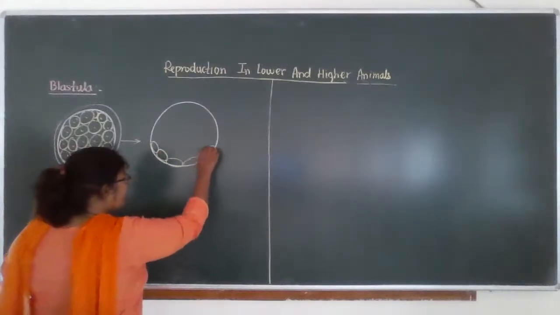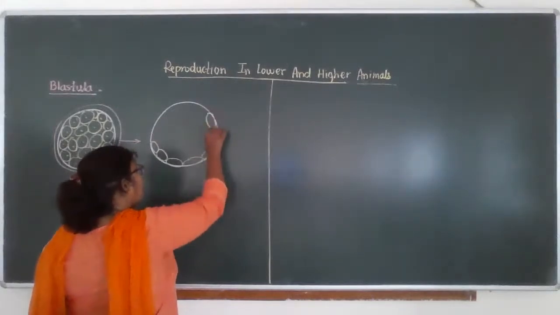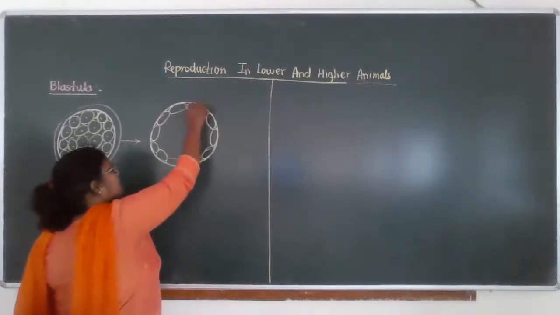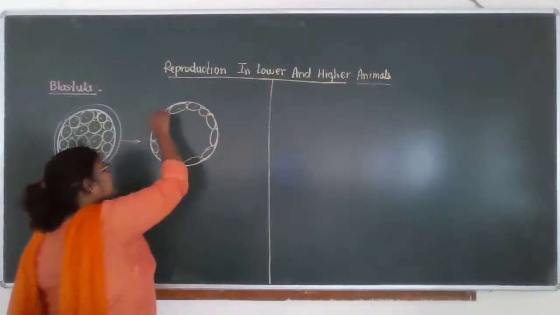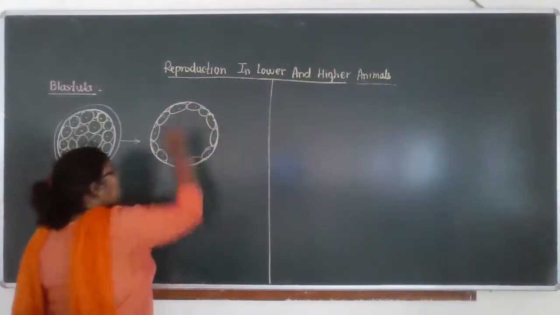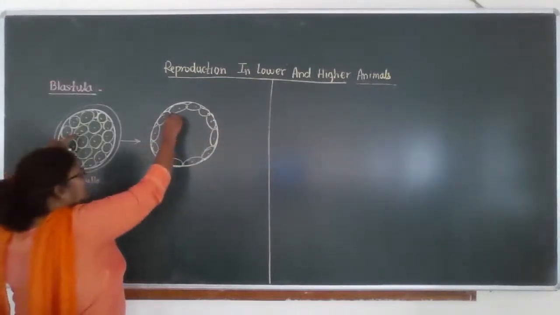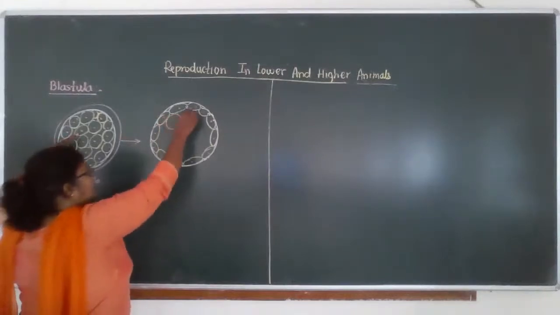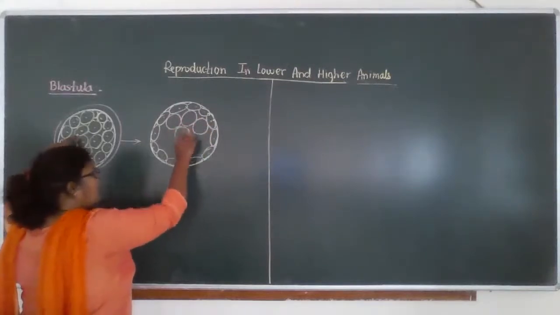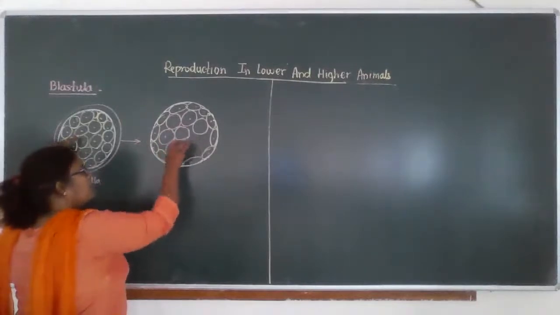The small size cells arrange themselves at the periphery, and the cells which are big in size remain on the inner side.